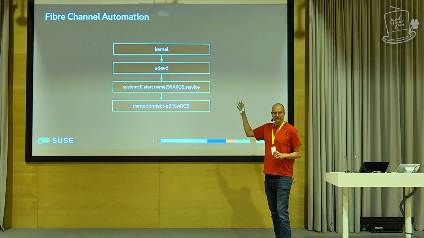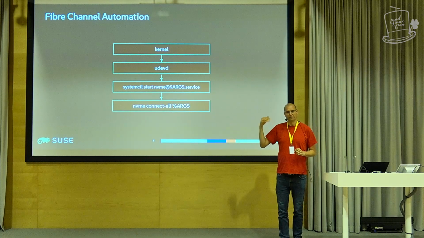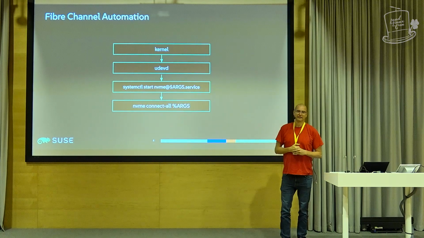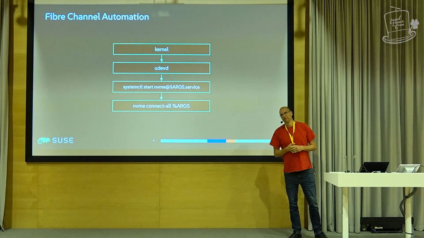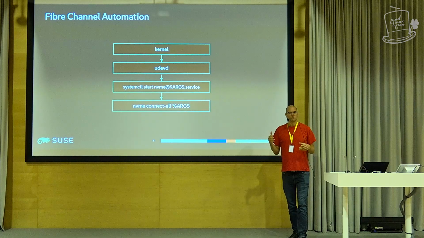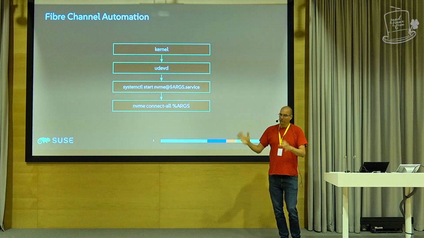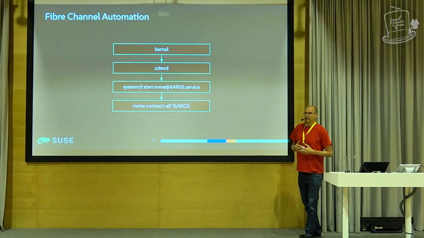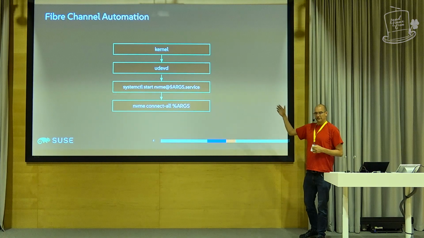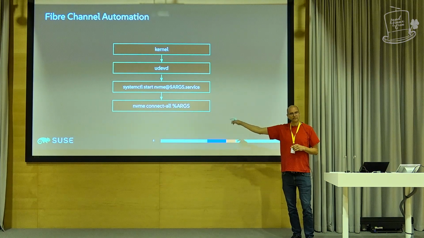We have the kernel, which will announce a discovery controller over the Fibre Channel. Why is that possible? Fibre Channel has a built-in discovery layer, so you don't have to do any yellow pages or synchronization daemons. You get that from Fibre Channel itself. That's why the kernel and the driver layer can announce to userland that there's something on the other side you may want to talk to.